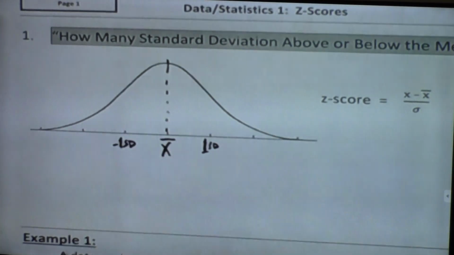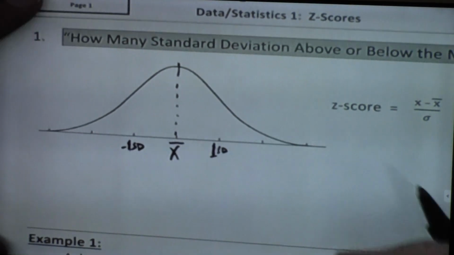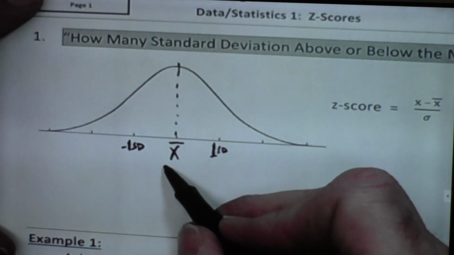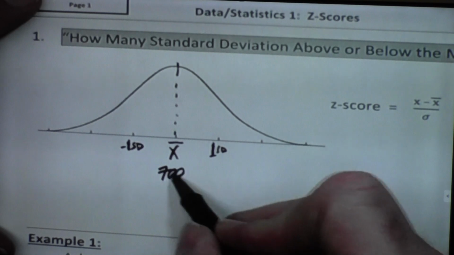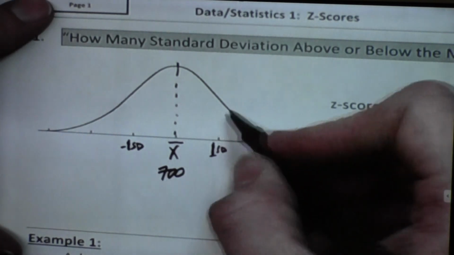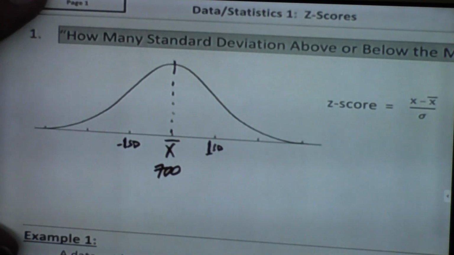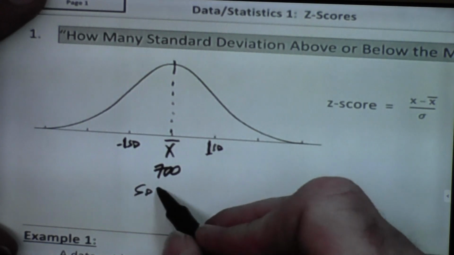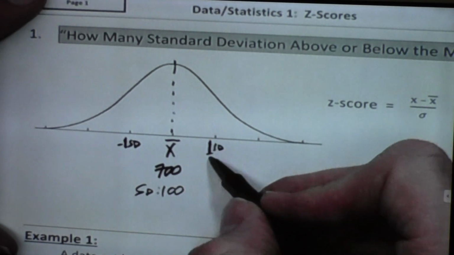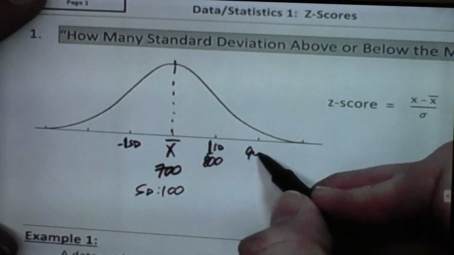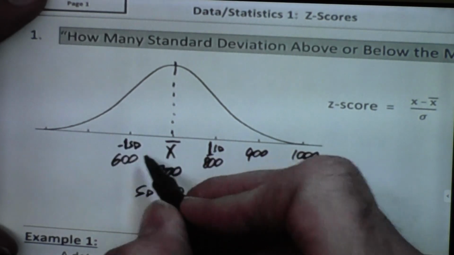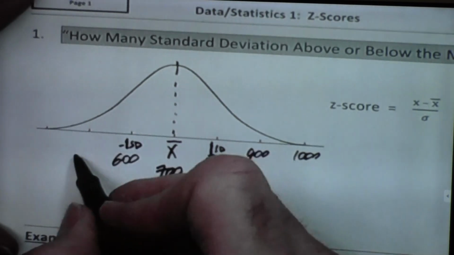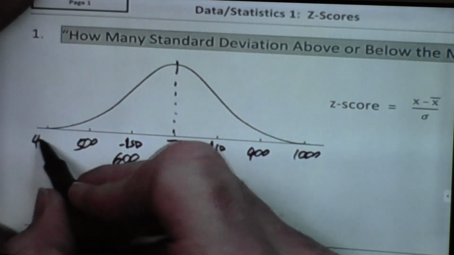So let's take, for instance, something where the average of some data is the number 700, and a standard deviation of 100. So this is going to be 800. This will be 900. This will be 1,000. This will be 600 because we're going to subtract 100. This will be 500, and we go out to 400.